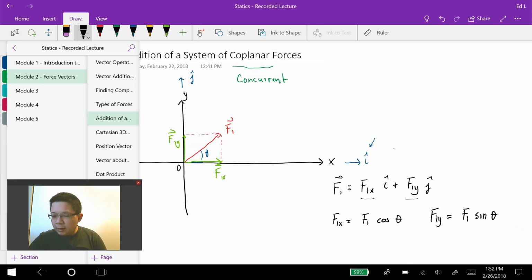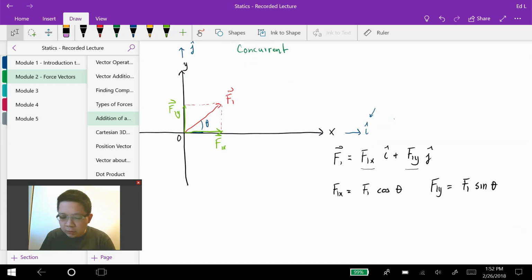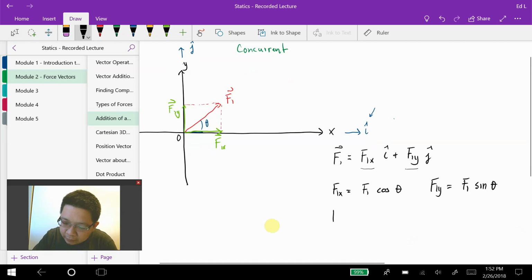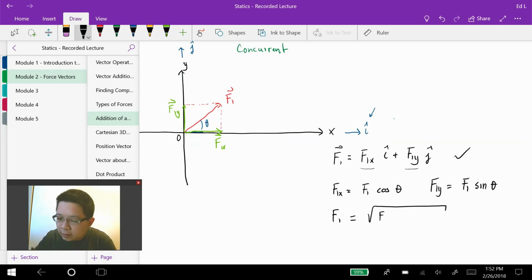The magnitude of the force vector F1 can be obtained by taking the square root of F1x squared plus F1y squared.